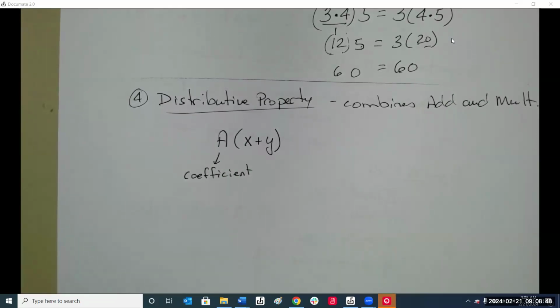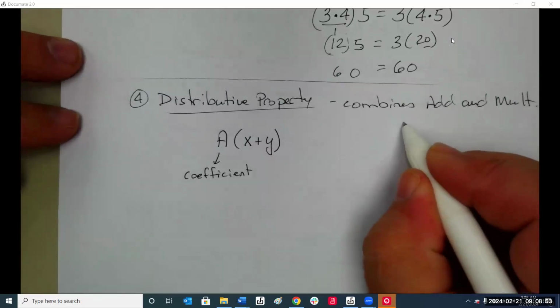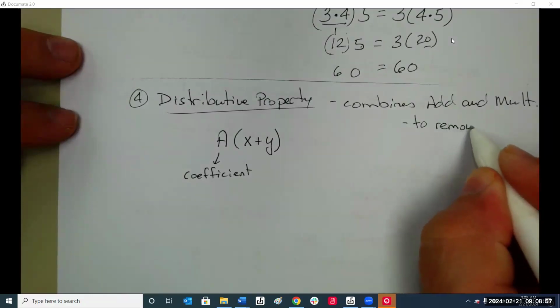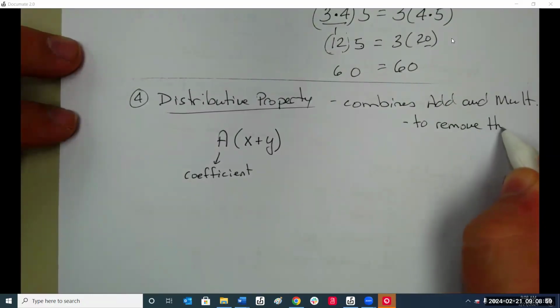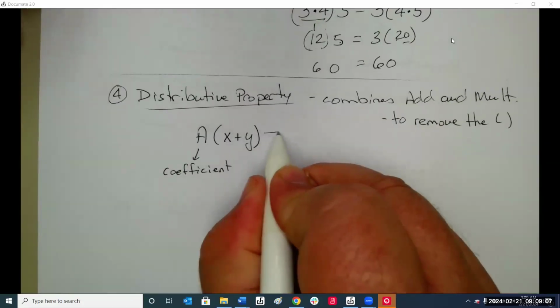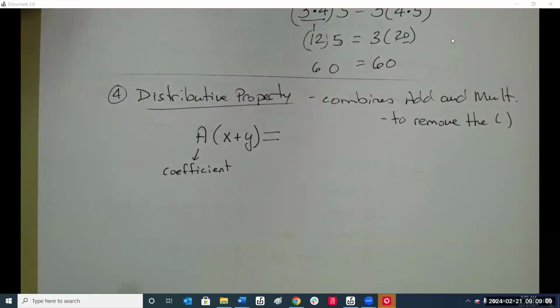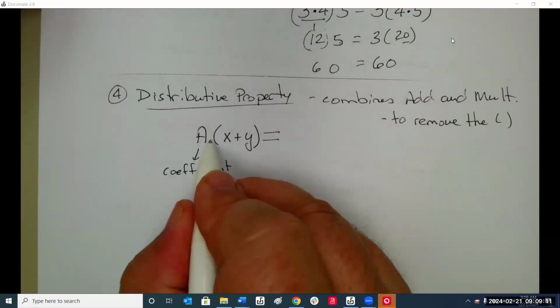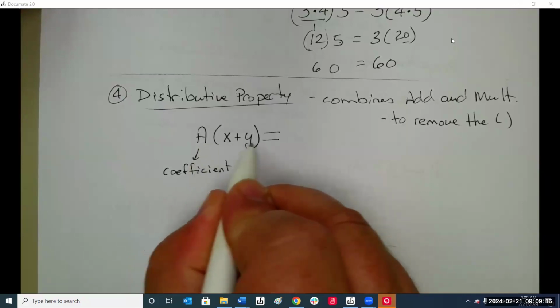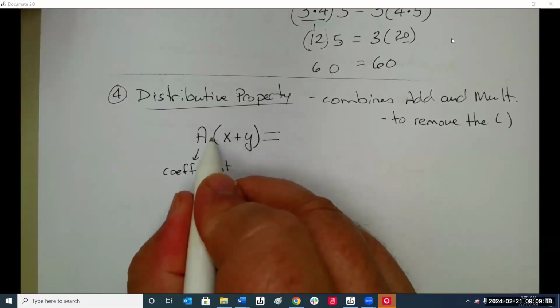One of the purposes of the distributive property is to remove the parentheses. What we have to do here is whatever the coefficient is, what operation? What is A doing to X plus Y? Multiplying.